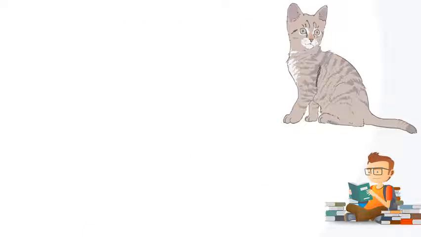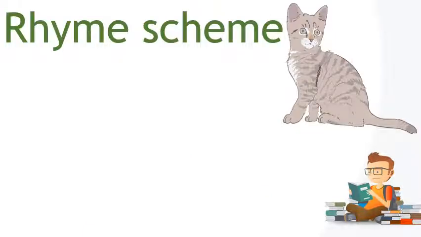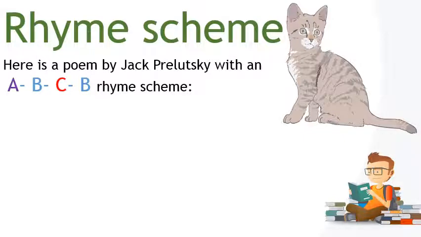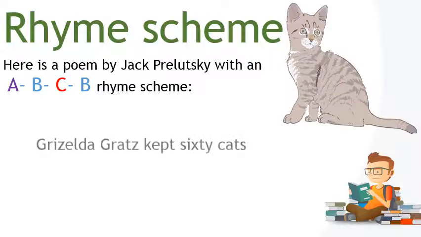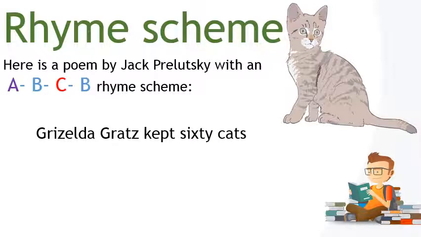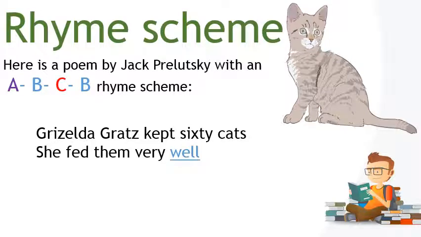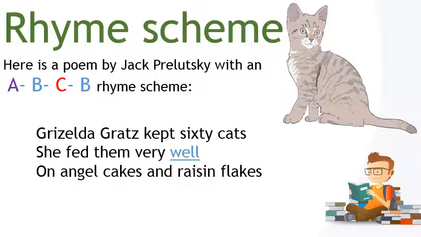Okay, so I'm going to show you the rhyme scheme, what I mean by adding the alphabet letter to it. Okay, so here is a poem by Jack Prelutsky with an ABCB rhyme scheme. Griselda Kratz kept 60 cats. She fed them very well. On angel cakes and raisin flakes and corn in a shell.